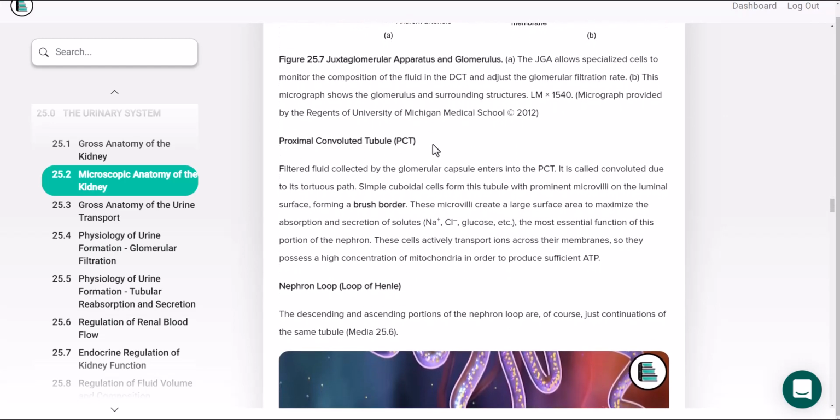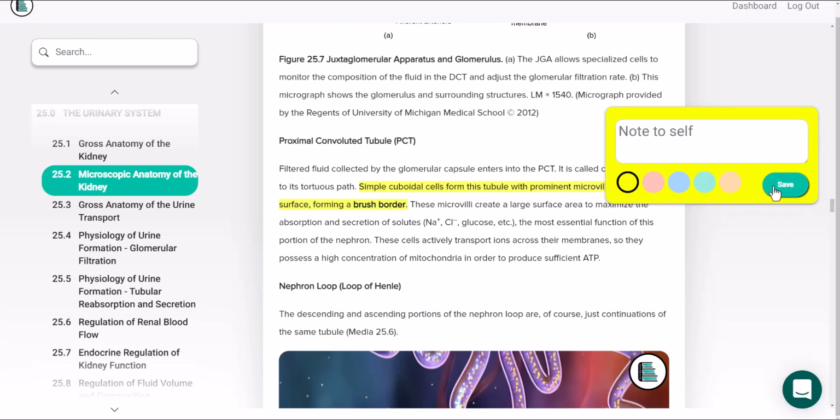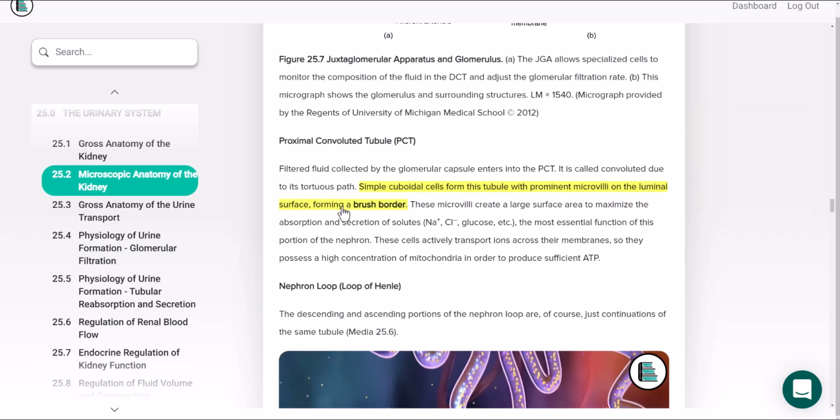Let's move on to the proximal convoluted tubule. The proximal convoluted tubule is again lined by simple cuboidal cells. They have a lot of microvilli, and those microvilli form the brush border. That is the same story we saw lining the inside of the small intestine.